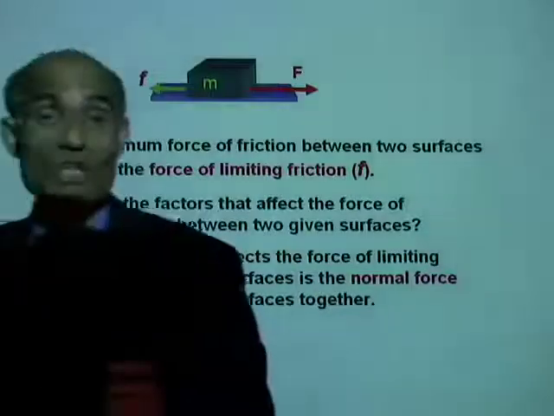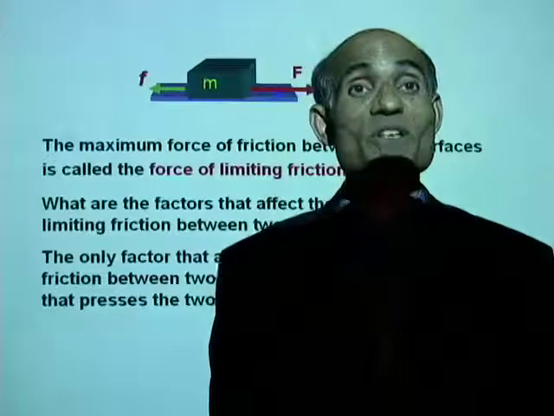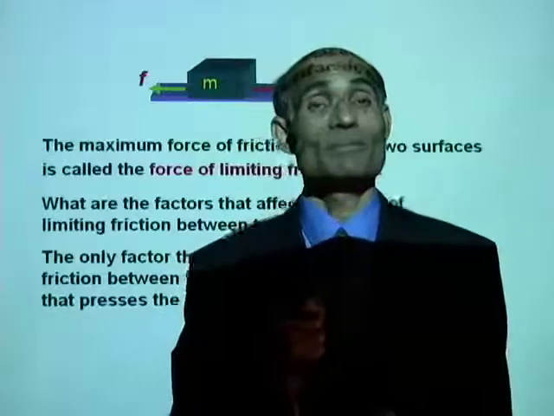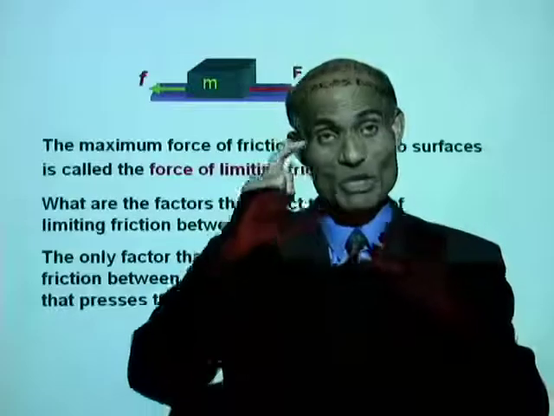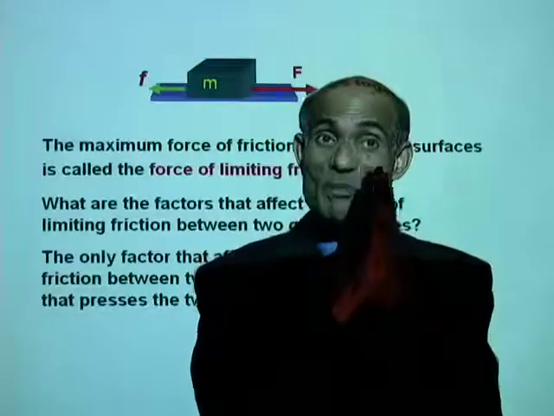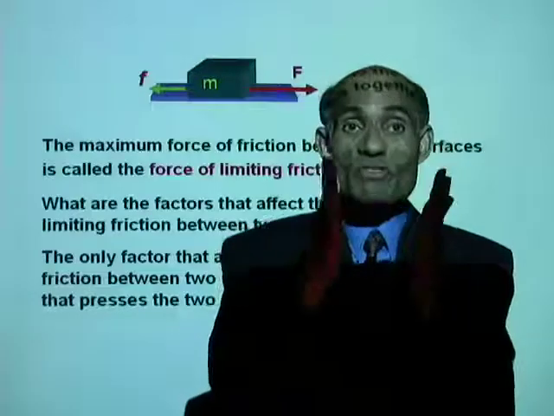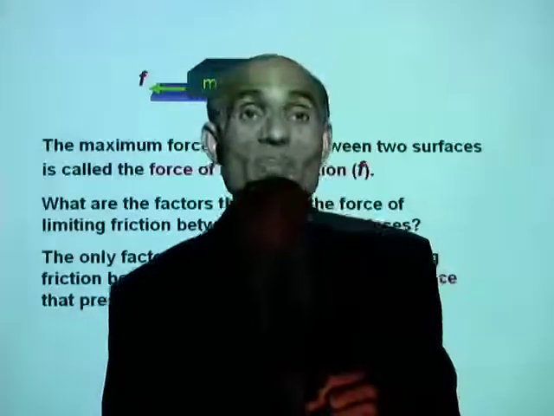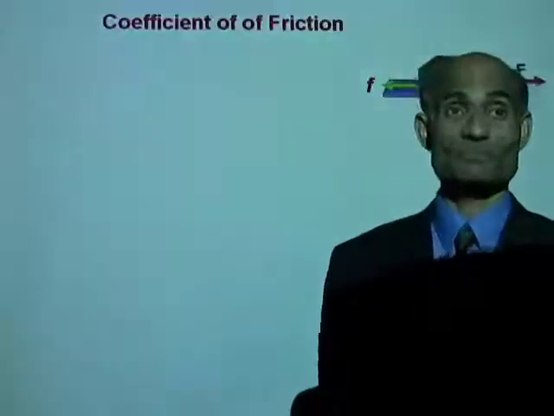So whatever the normal force is, the force of limiting friction will depend only on the normal force between the two surfaces. Of course, it depends on the nature of the surface. We are talking about given two surfaces: the force of limiting friction depends only on the normal force.